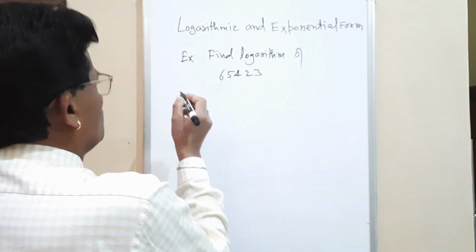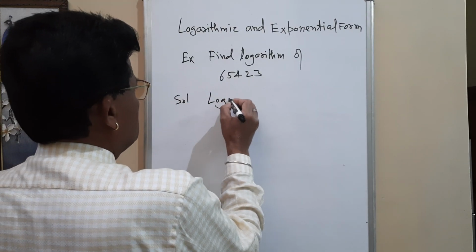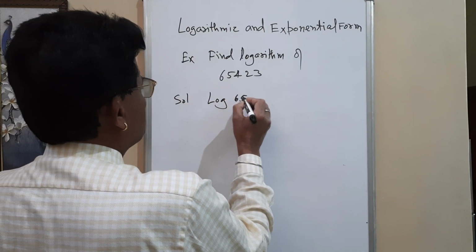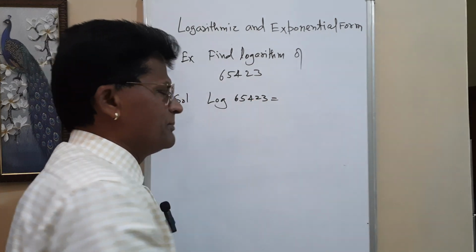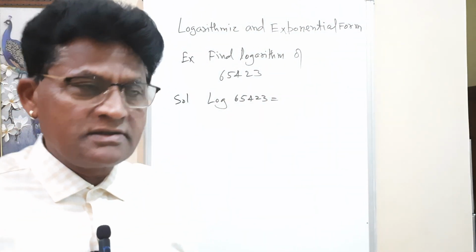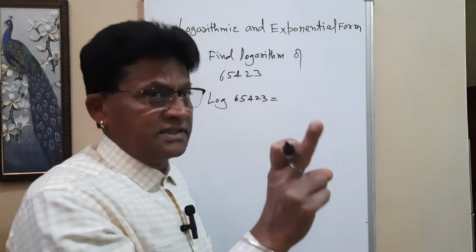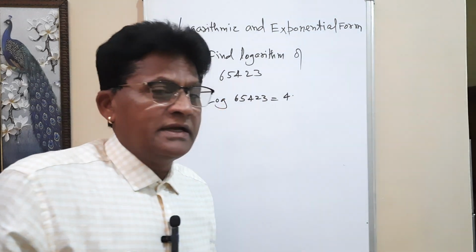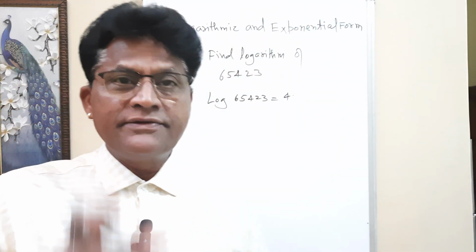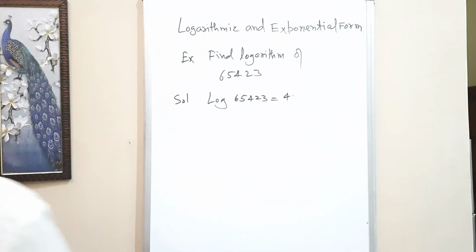Solution. Let me take the log of 65423, carefully see. First of all, see the number of digits in this number. Total 5 digits are there: 1, 2, 3, 4, 5. One less digit, that will be 4 point. After that, I will tell you how to see the values in the log table.